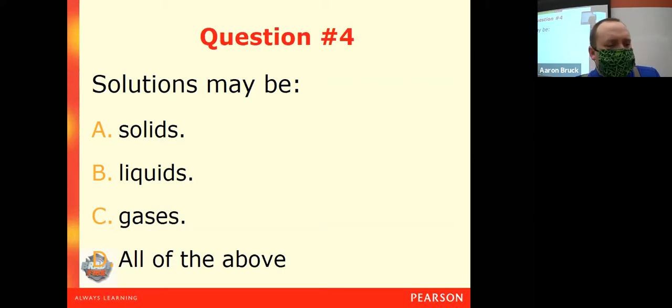All right, again, I'm seeing a lot of 4s and a lot of 2s. Okay, now, if you're thinking liquids, you are correct in the sense that most solutions are in the liquid phase. That's what we tend to think of. Both of the examples I gave were liquid, liquid, liquid.